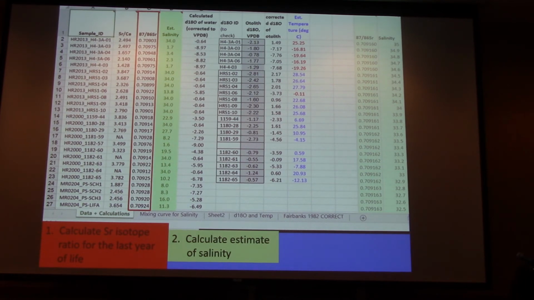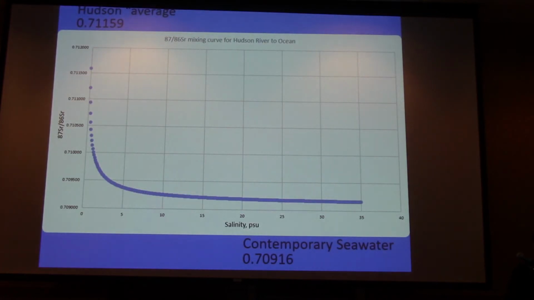And we got those values from just a standard mixing curve that Karin was gracious enough to construct using the average Hudson value for strontium isotope ratio on one end member and the value for the contemporary seawater on the other.